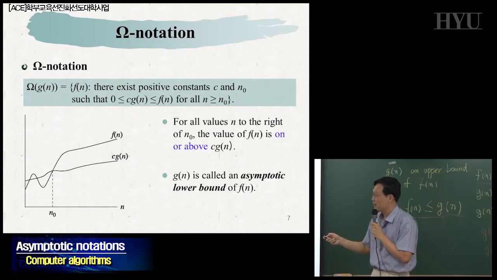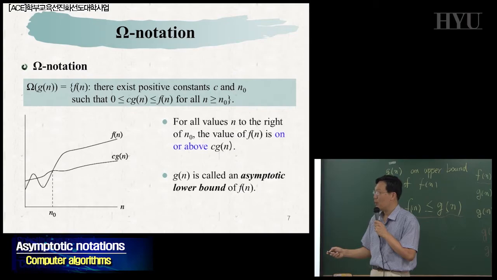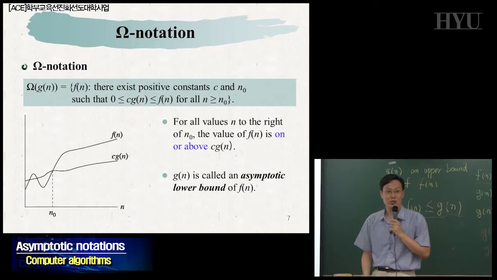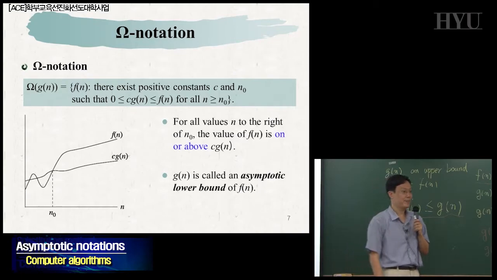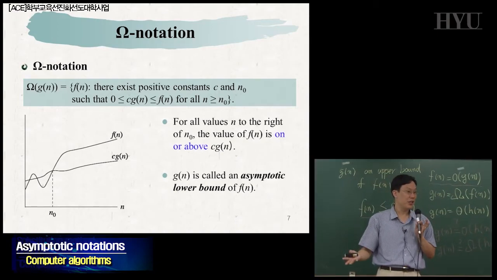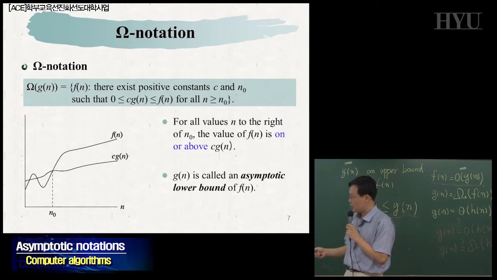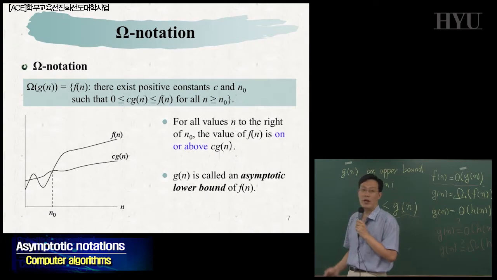In this case, we find constants c and n0 such that c times g of n is smaller than or equal to f of n. All the other things are the same. In this case, g of n is called an asymptotic lower bound of f of n.